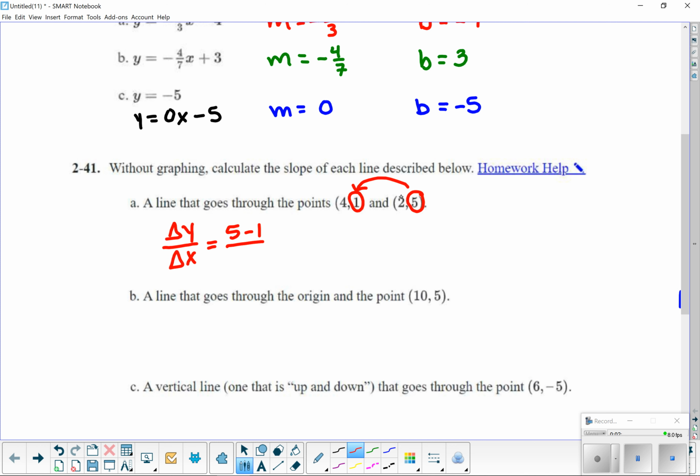Delta x would be the 2 minus 4. Okay, so 5 minus 1 is 4. 2 minus 4 is negative 2. You can reduce it to negative 1/2. And yes, you can bring the negative to the front, or you can call it negative 0.5. Either one is okay.